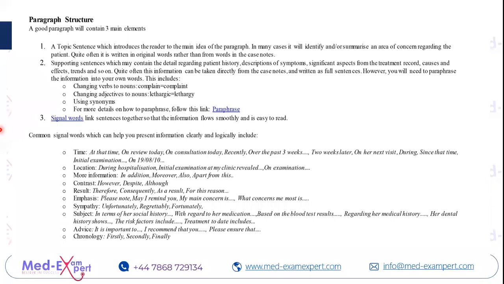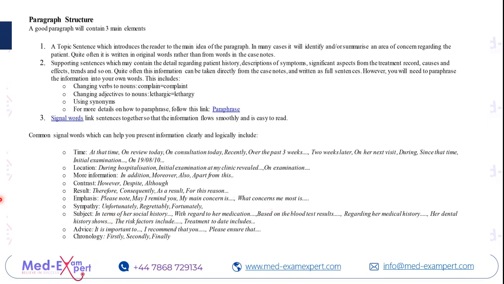Okay. Emphasis. If you want to emphasize some information, you want the reader to understand that this information is very, very important. So in that case, you have to use please note, may I remind you, my main concern is, what concerns me the most. Sympathy: unfortunately, regrettably, fortunately. Then in subject: in terms of social history, with regards to her admission, based on the blood test, regarding the medical history.